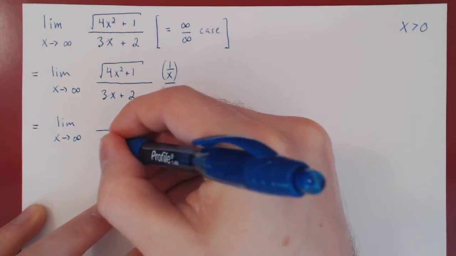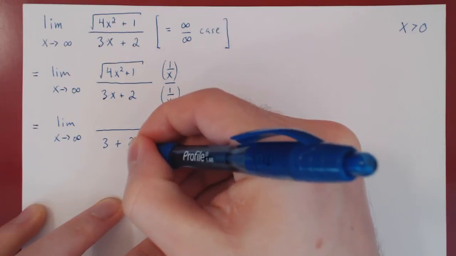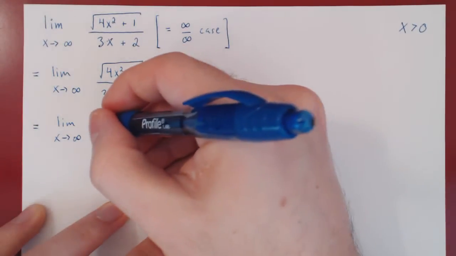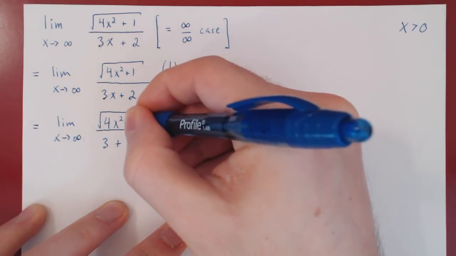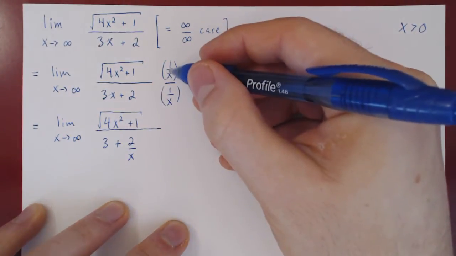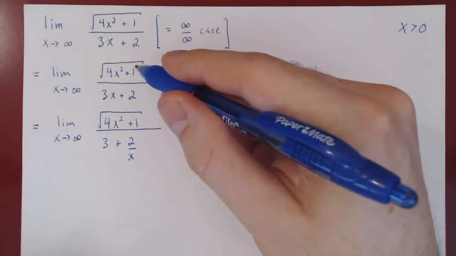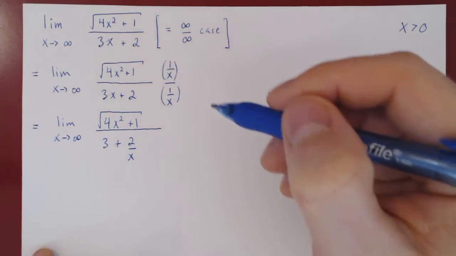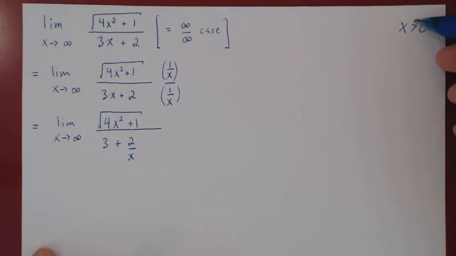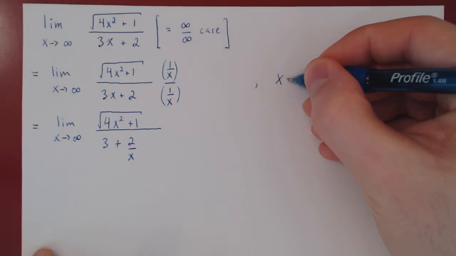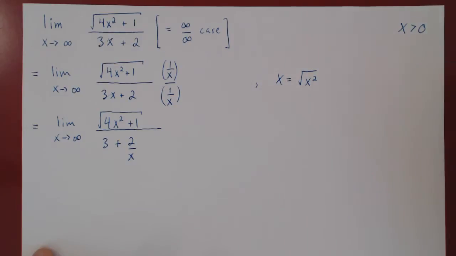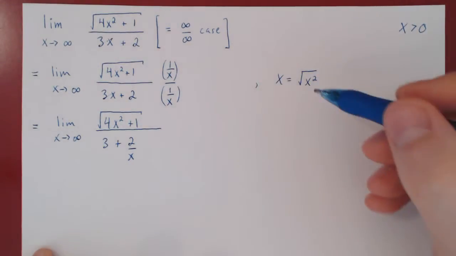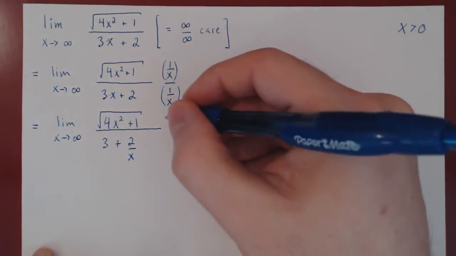So we'll get 3 plus 2 over x. The question is now, what do we do with the numerator? We have the root of 4x squared plus 1. And we have this 1 over x here. Now if we hope to cancel with the square root, we have to replace x by the root of x squared. Because x is positive, x is equal to the root of x squared. And so instead of using 1 over x, we'll use 1 over root of x squared.